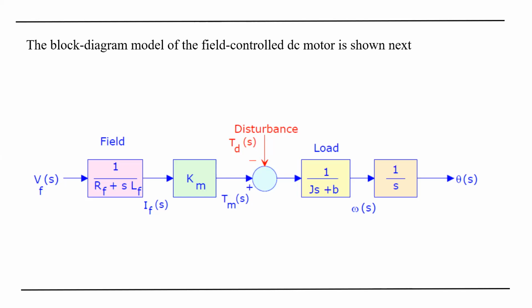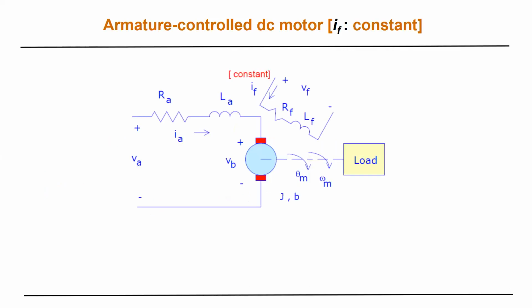Now, let's go to the other one. Let me fix IF now. And now the objective, find theta M over VA of S. This is now the objective. Similarly, let's take IA.